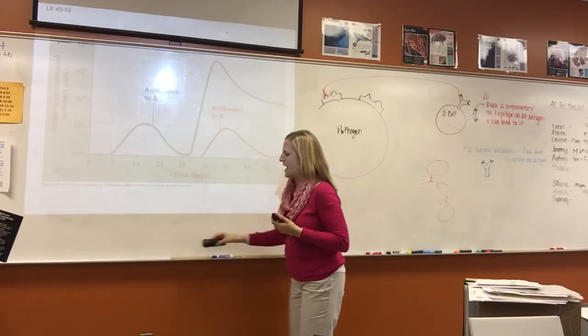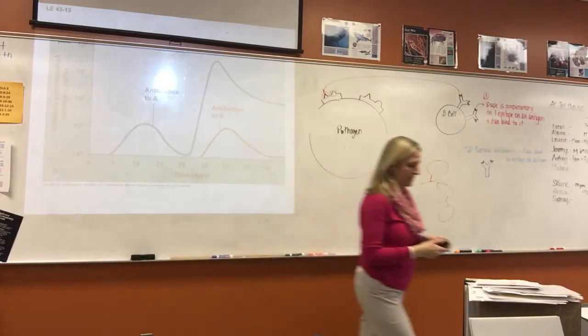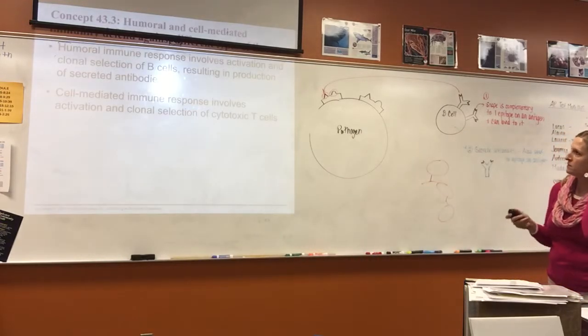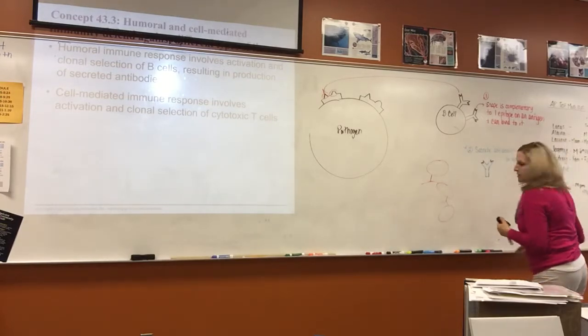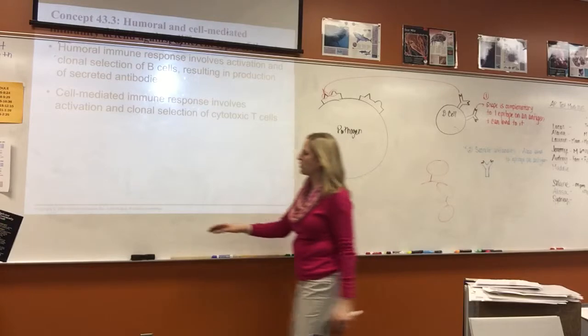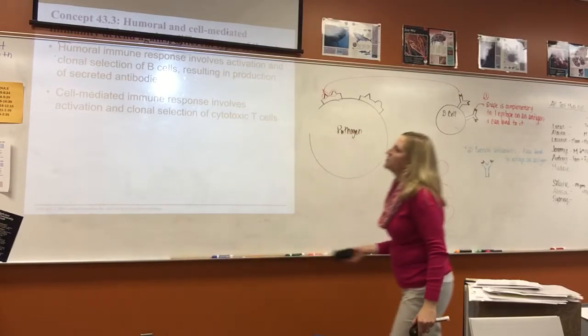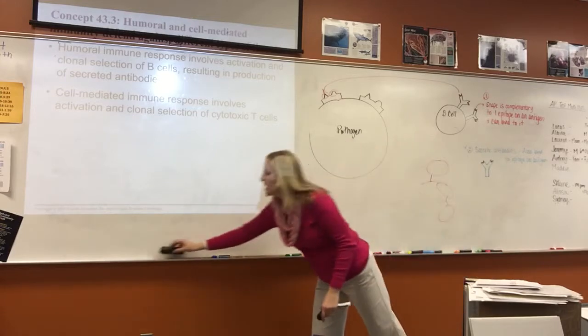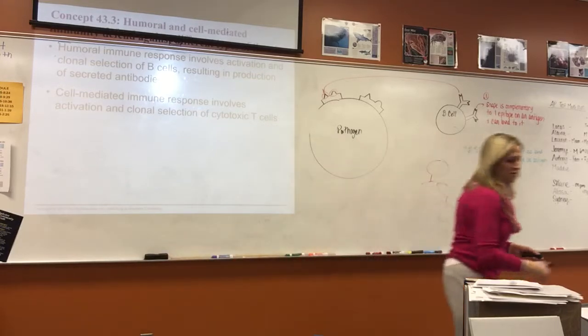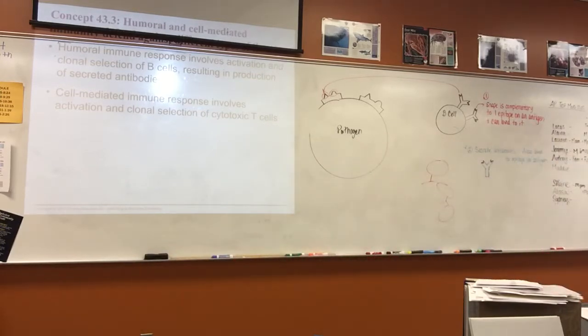So now we have to look at T cells and what the job of the T cells is. First of all, I'm going to introduce a couple of new words to you: humoral and cell-mediated immunity. So the humoral immune response involves activation and clonal selection of the B cells, that's a review, that secretes antibodies.